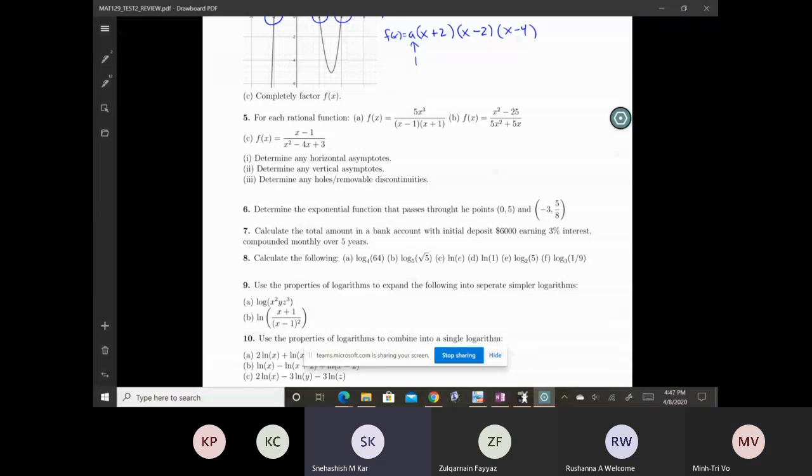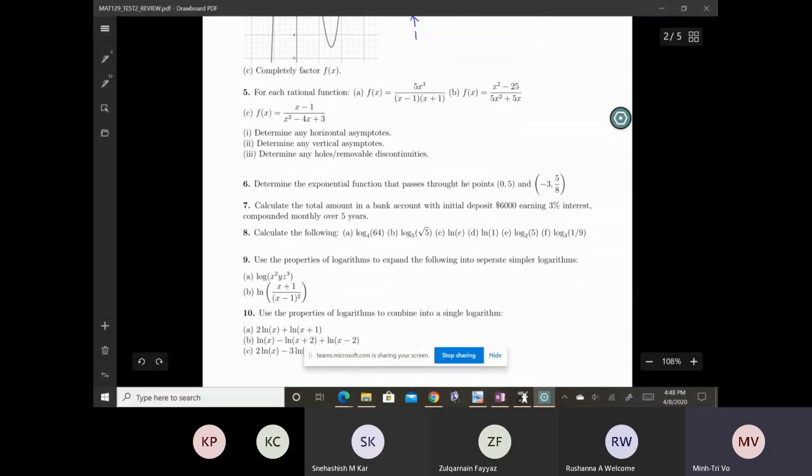I'm sure they're very simple. I chose B because it has a log of 5. They're just all each one is a different variation type, so I figured I'd just have you go over it.